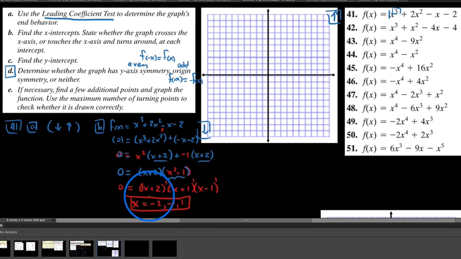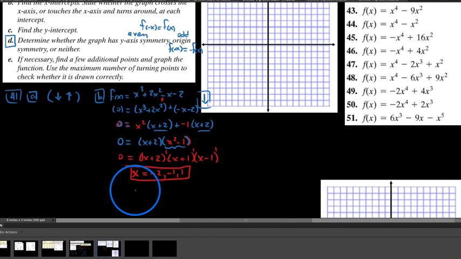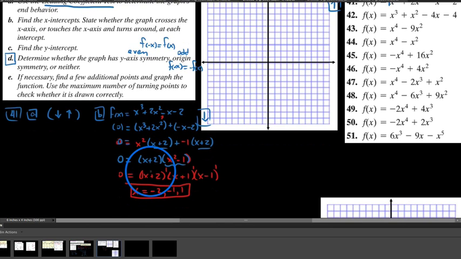And because they each occurred once, we tend not to write multiplicity if it's just 1. That is, we just assume everybody understands that it happened one time unless I tell you it had a multiplicity otherwise. So because each of these has a multiplicity of 1, what we know is that it's going to cross at each. Just want to make sure we make that note here.